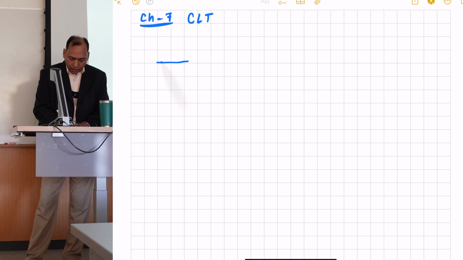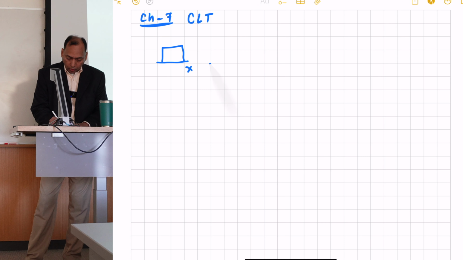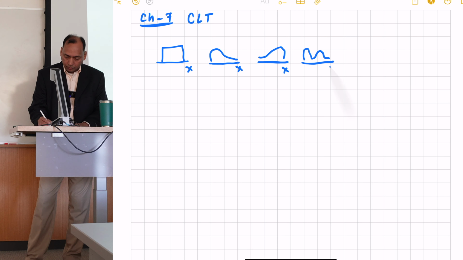If your initial distribution is, let's say, uniform, some random variable x, or if your initial distribution is maybe right skewed, or maybe left skewed, or maybe irregular, like 2 peaks, or whatever may be the shape.